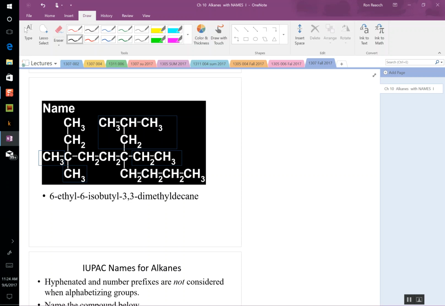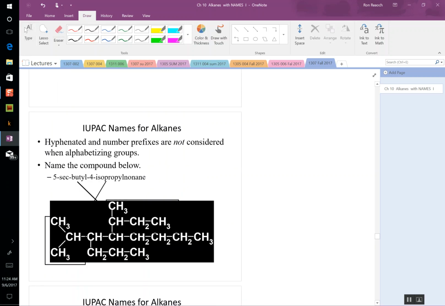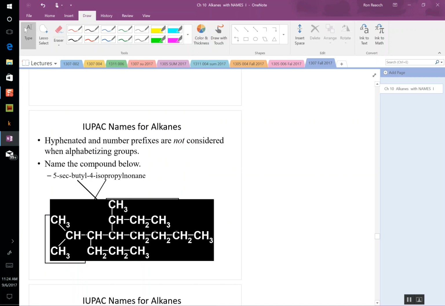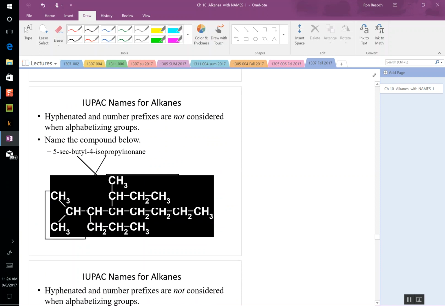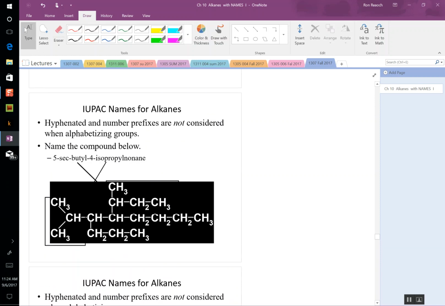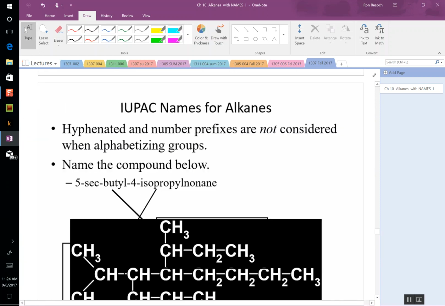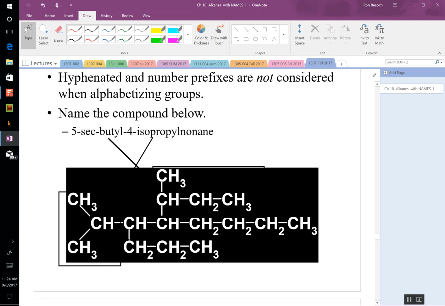Here's a third one. There's isobutyl, and there's also secondary butyl, but we won't get all hung up in all the butyls. All right, this is kind of review, but applying what you now know to some more complicated molecules.